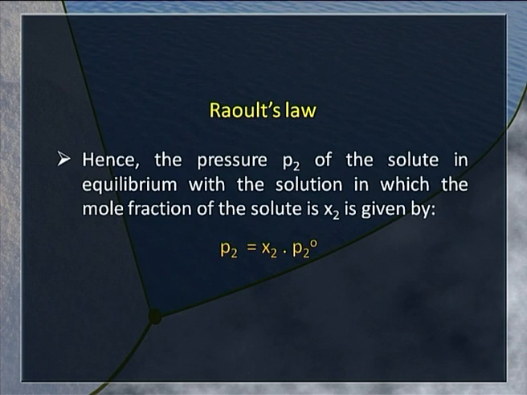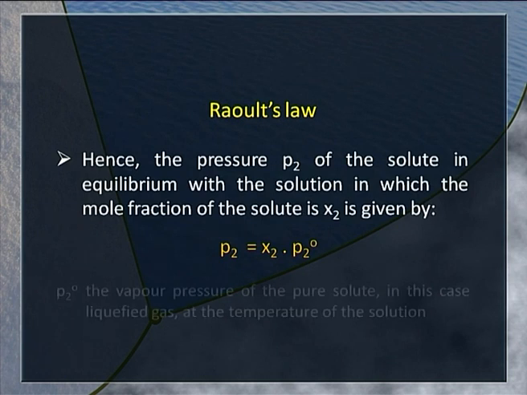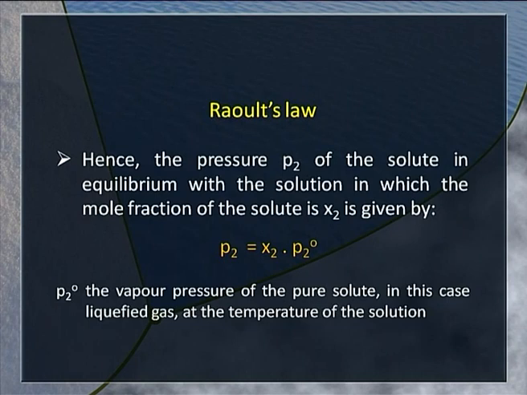Hence, the pressure P2 of the solute in equilibrium with the solution, in which the mole fraction of the solute is X2, is given by P2 is equal to X2 into P20, where P20 is the vapor pressure of the pure solute, in this case liquefied gas, at the temperature of the solution.